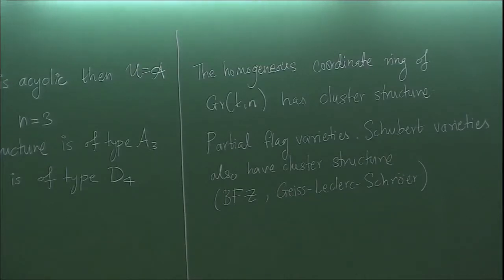Okay, any questions? Acyclic, or mutation equivalent to acyclic. There is no classification, but I don't know if it's proven that some coordinate ring doesn't have a cluster structure.